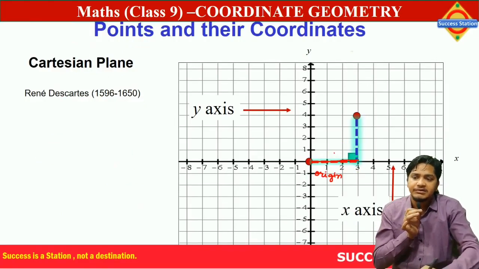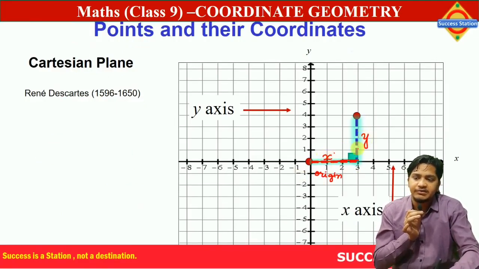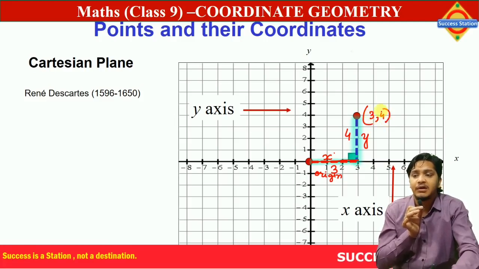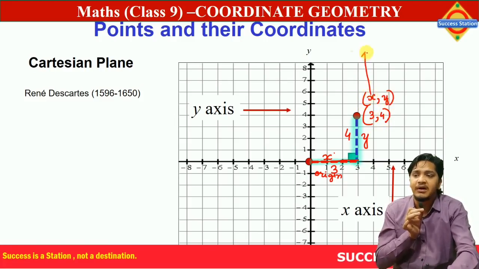Right or not? So this will be the x, this will be the y. So x was how much? 3. Y was how much? 4. So the coordinate of this point will be 3 first, 4 afterwards, or x first, y afterwards. Clear?